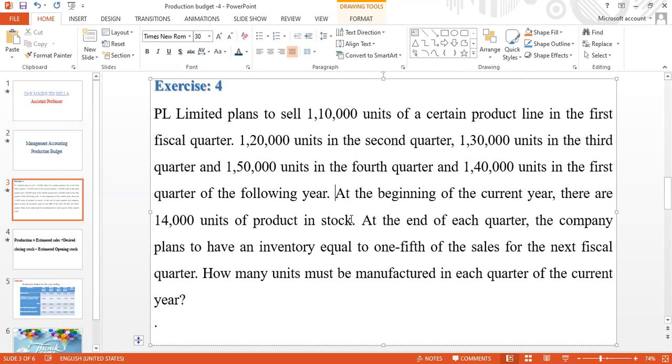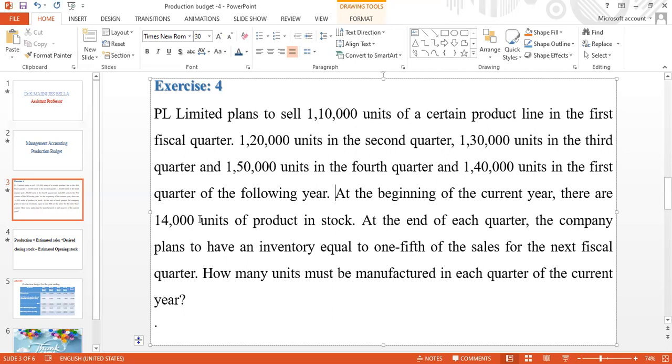See here, at the beginning of the current year, there are 14,000 units of product in stock. This means the opening stock of the first quarter. For each quarter, closing stock will be considered as the opening stock of the next quarter, right?